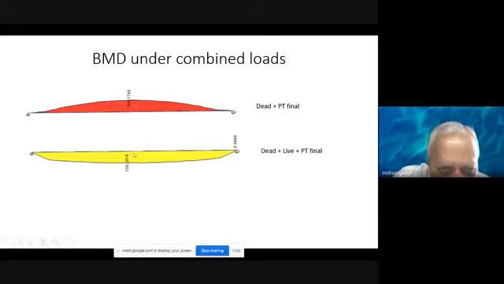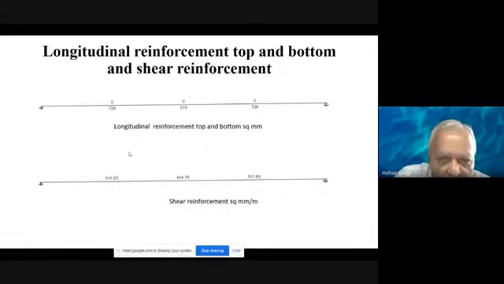So this moment developed at the midspan is to be taken care of. So we are providing this longitudinal reinforcement at top and bottom. Of course, at top there is no tensile stress at all, so no reinforcement is required. Some nominal steel can be provided. As far as the bottom fibers are concerned, you will be able to get this additional reinforcement at the bottom, and so on and so forth.